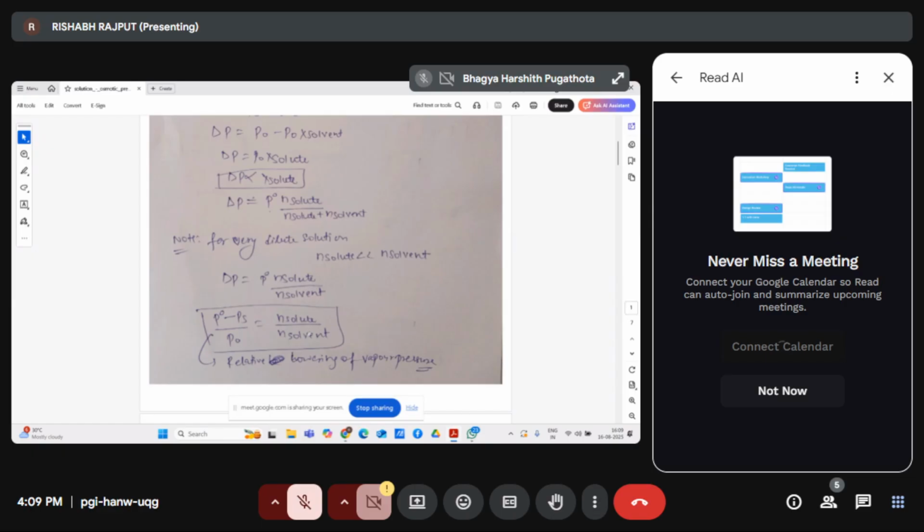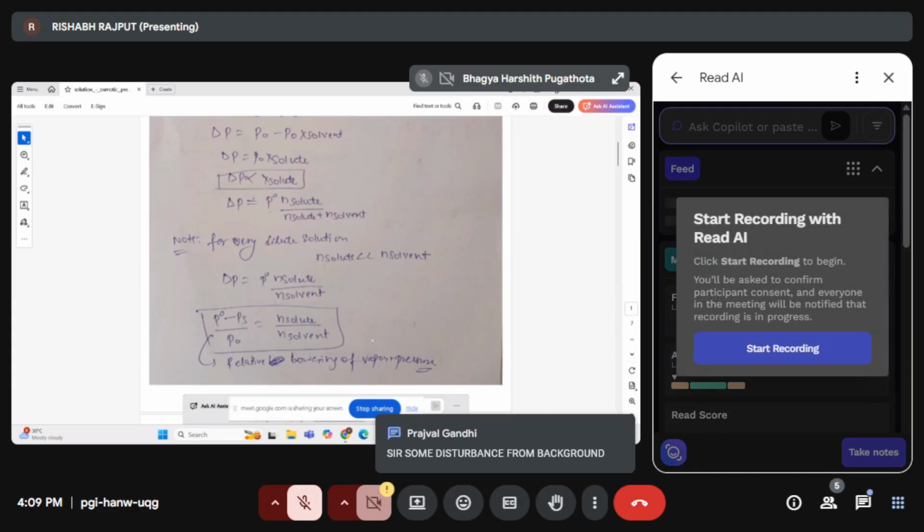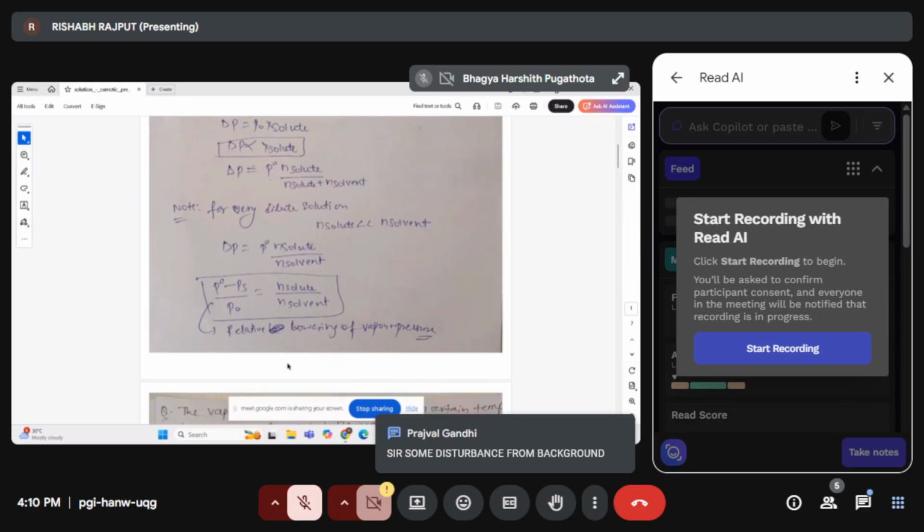This formula is very important. Your relative lowering of vapor pressure is directly proportional to the mole fraction of solute. That is why we call relative lowering of vapor pressure a colligative property, because it depends on the amount of solute.